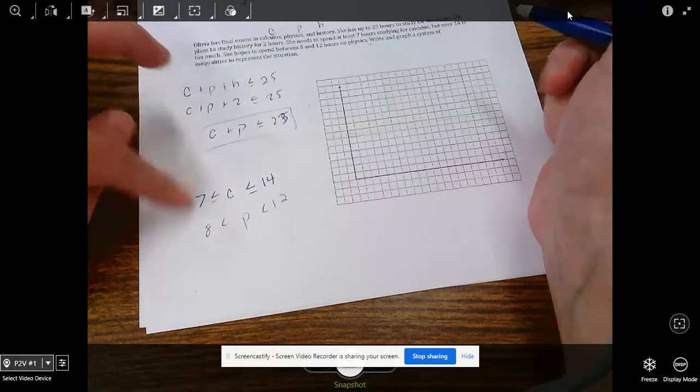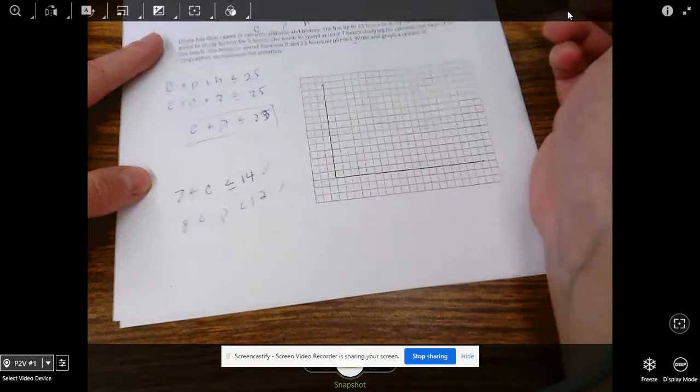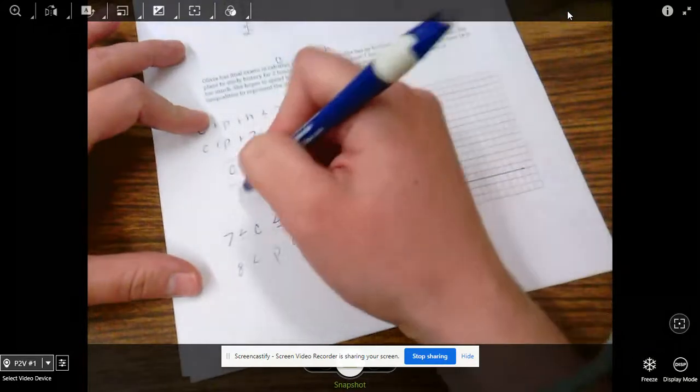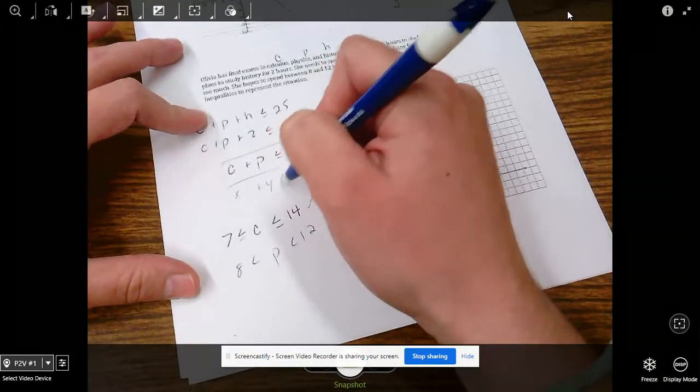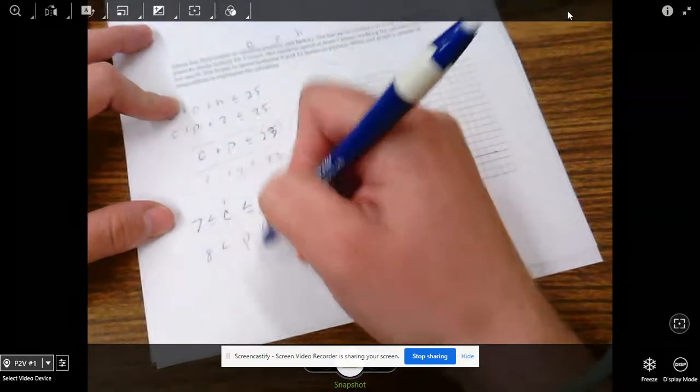So you can graph by using a system. So we have 1, 2, 3 inequalities. We're used to x and y. So if you want to make calculus x and physics y, you can create an equation this way, x and y.